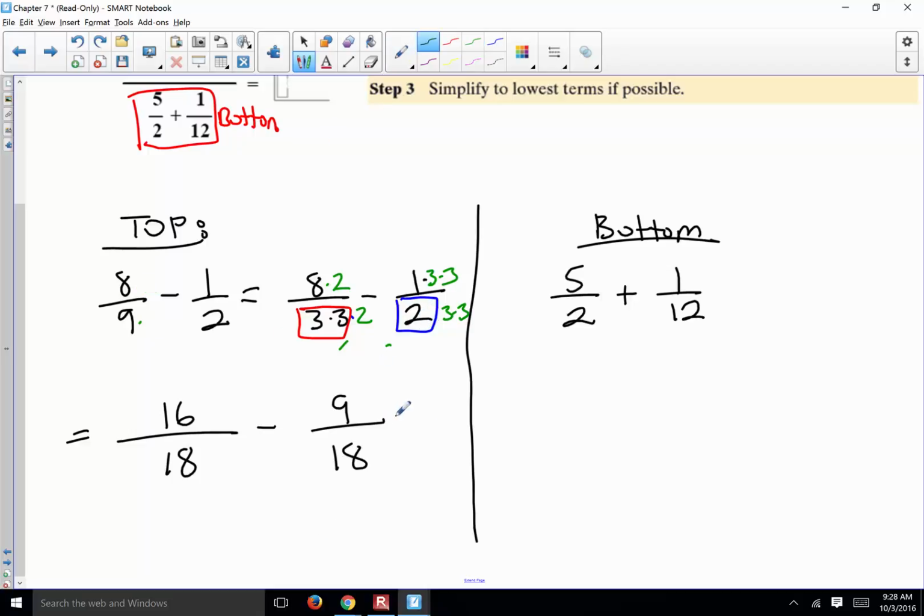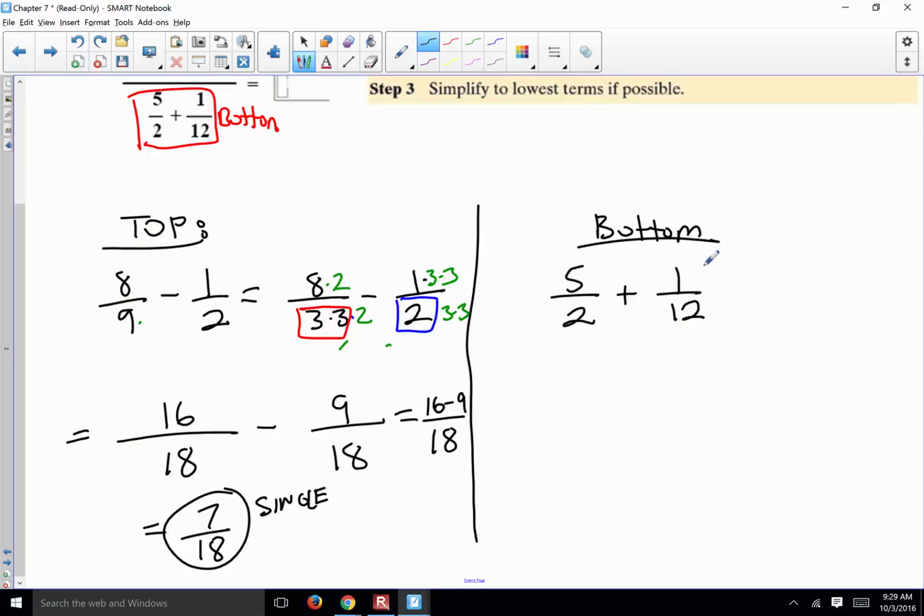Now, since these are the same denominator, we can combine them, and 16 and minus 9 subtract. We get 7/18 in the top fraction. Top is single now. You see? Single fraction. Good. Top is ready.